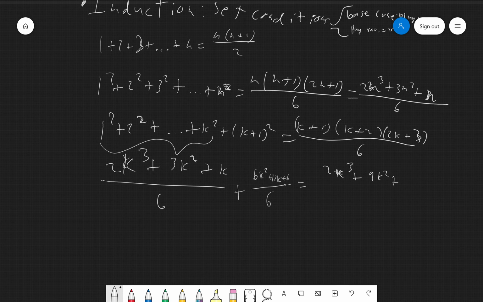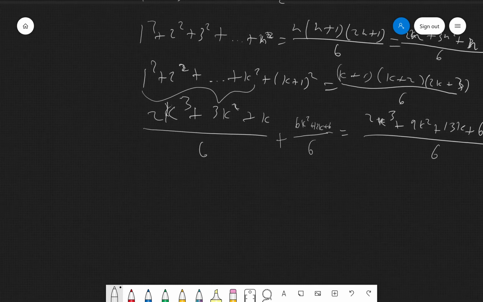Now, what are the k terms? There's going to be 6k. There's going to be 3k, 9k. Then there's going to be 4k, 13k. Then you're going to add the constant term, which is just 6 divided by 6. This is equal to, right, multiply by 6 on both sides.